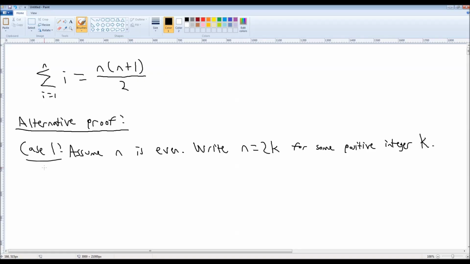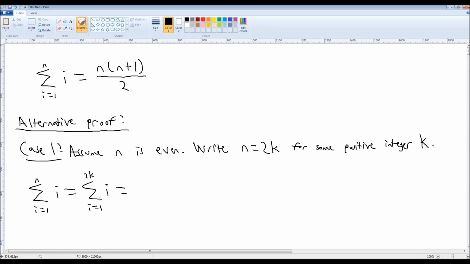And now, if we want to find the sum from i equals 1 to n of i, well, n is just 2k, so we can rewrite it like this.